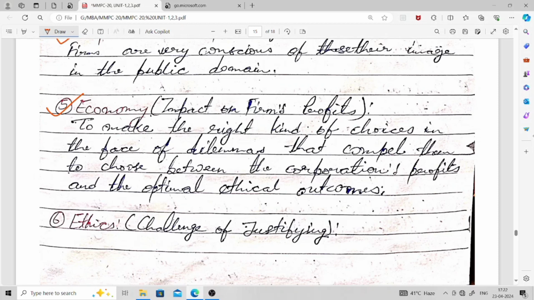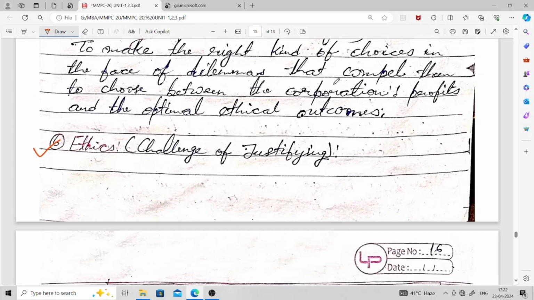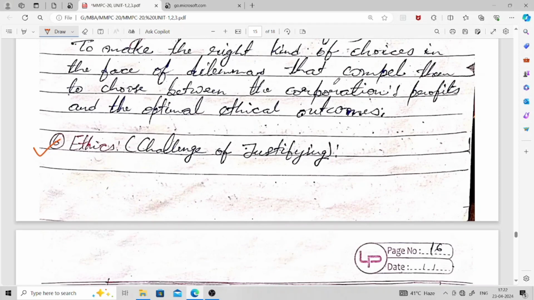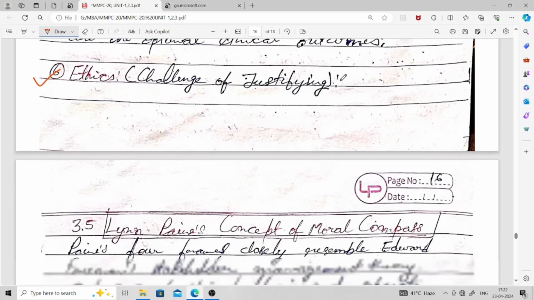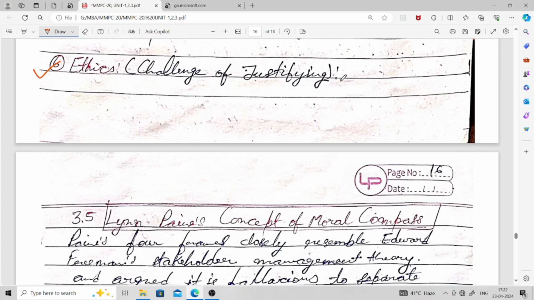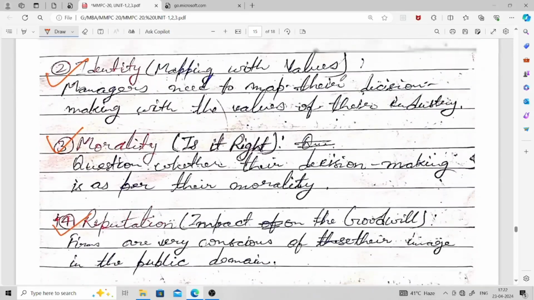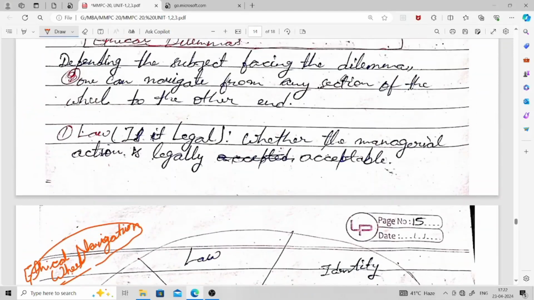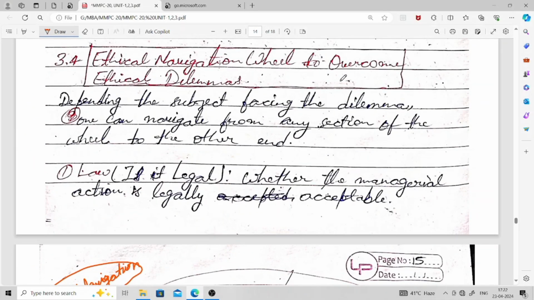Then the sixth and last one is given ethics, the challenge of justifying how the decision can be justified. That should be considered under ethics. So these are the different steps, or components, which should be considered whenever you are in an ethical dilemma.